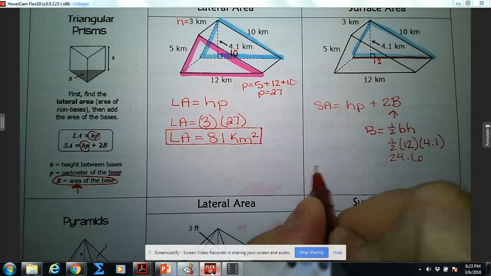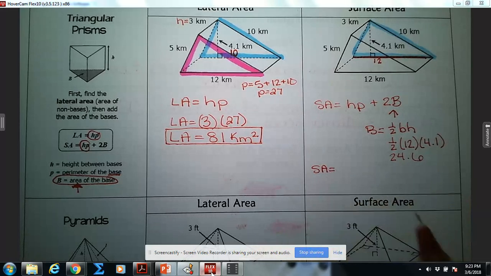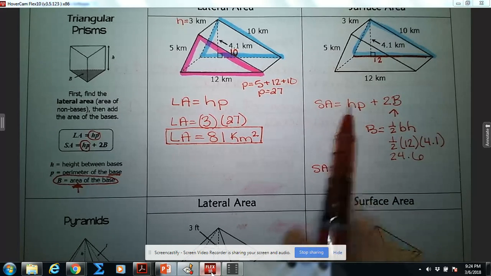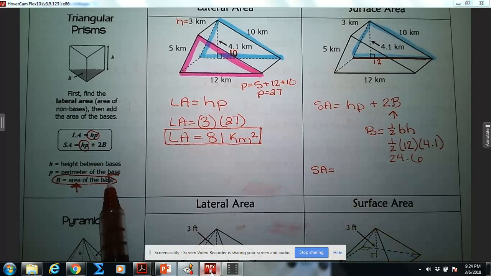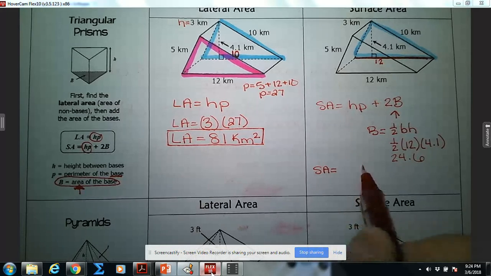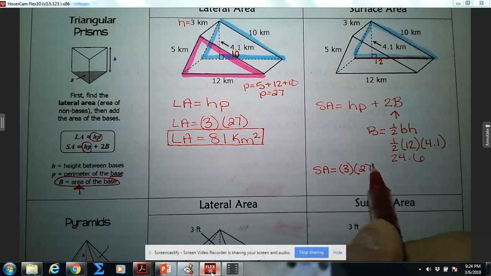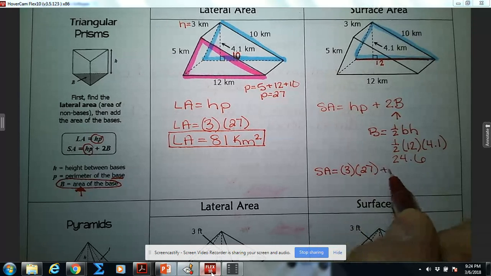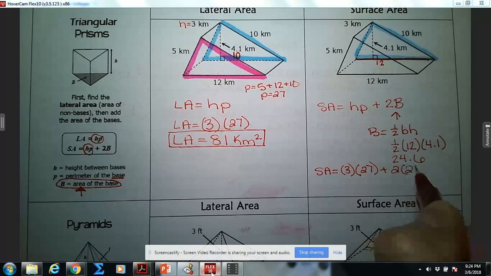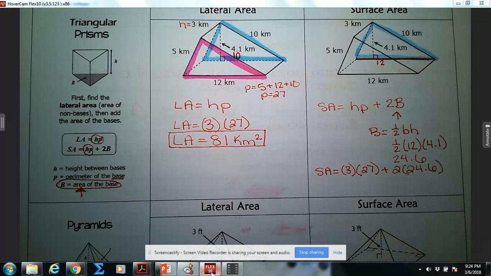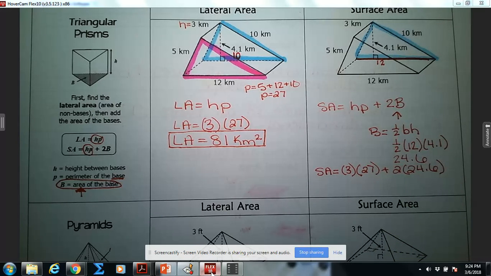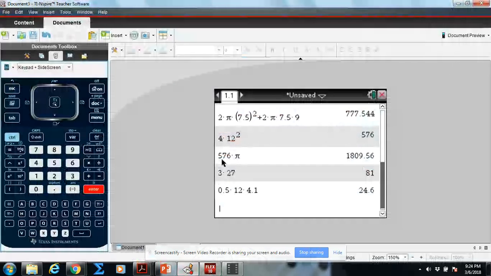Now let's go back to the surface area formula and put everything in. Height between the bases was 3. Perimeter of the bases was 27. And now we've got our capital B as 24.6. Let's put this all together. We know that 3 times 27 was 81.